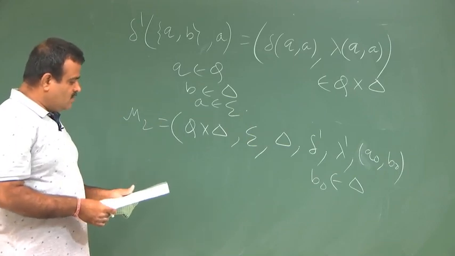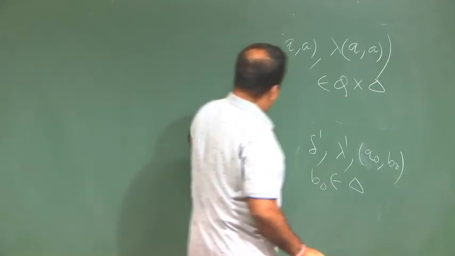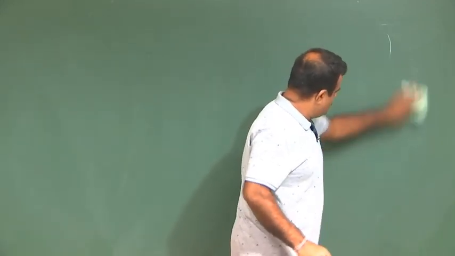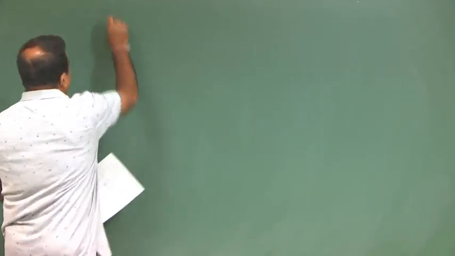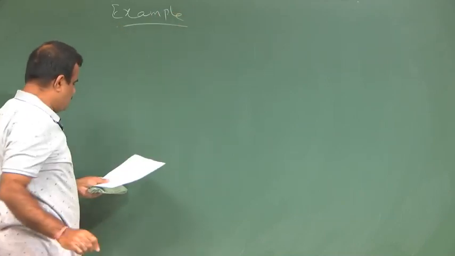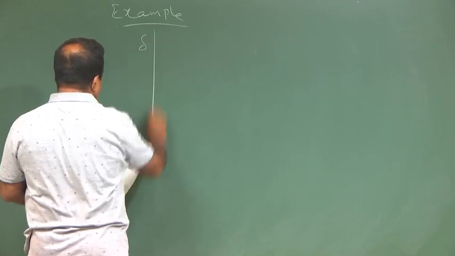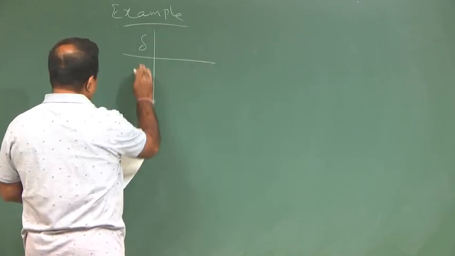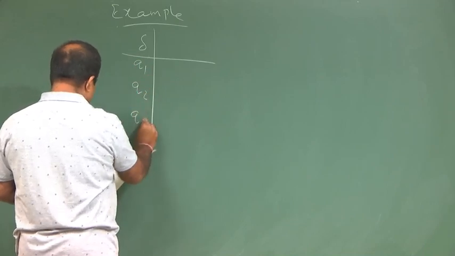Okay, so let us take a quick example. Suppose we are given a Mealy machine with states q1, q2, q3, 3 states only.